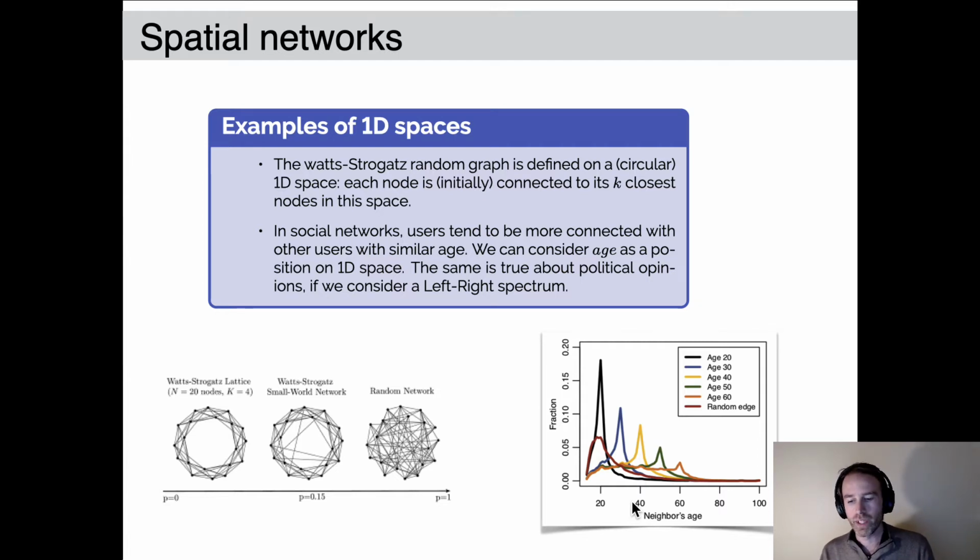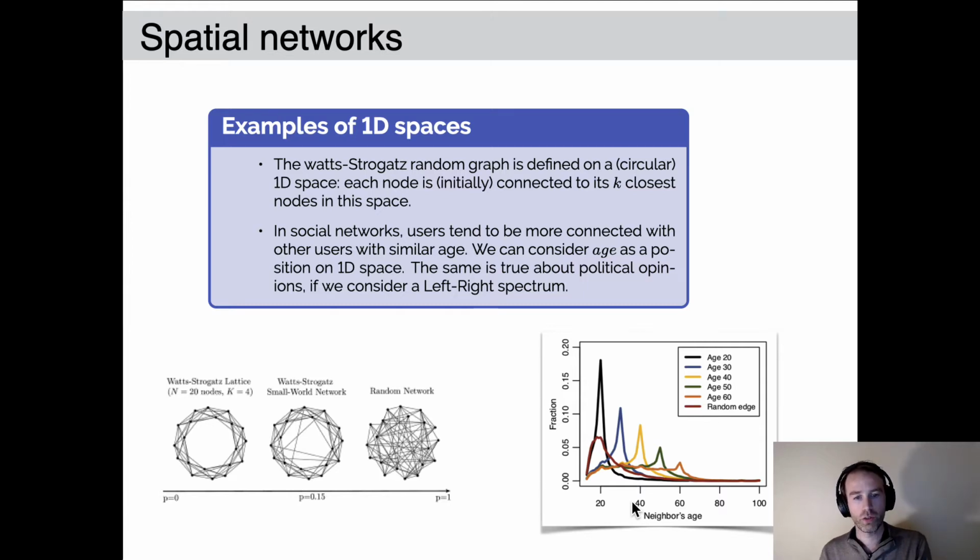What this means is that if you consider age as a position on a space, which is a one-dimensional space going from, let's say, 13, when people are legally authorized to create an account on Facebook, to, I don't know, 120, this is the size of your space.